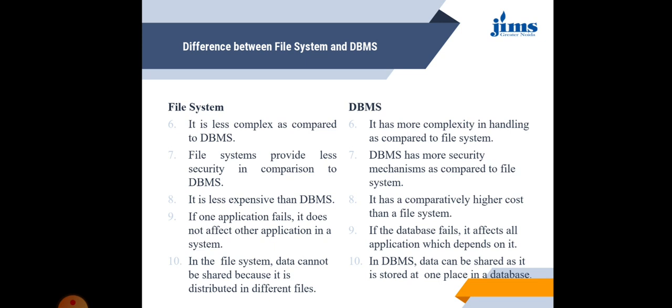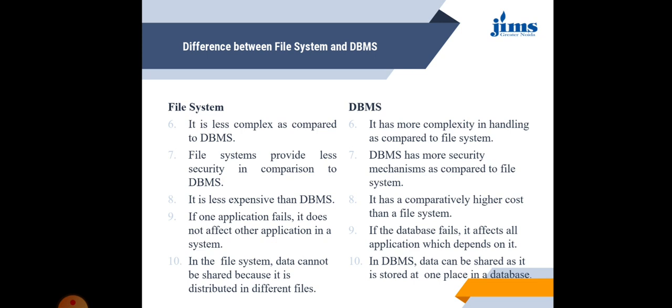But if we go to the conclusion, we will conclude that DBMS is more efficient to use in place of the file system, because in the file system redundant data can be present, but in DBMS it cannot. There is no security and no backup process in the file system, and data cannot be shared in the file system.